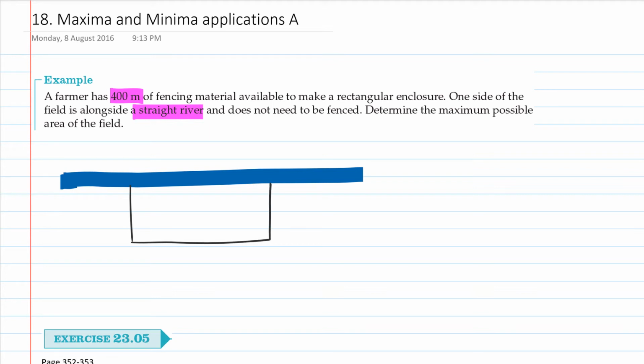And we're told that it's rectangular, which means that if this side is x, then this side would have to be something that's different from x, and that side there would also be x. So that means that two lots of x plus y, if that's the distance of the fencing, would have to be equal to 400, and so y would be equal to 400 minus 2x.